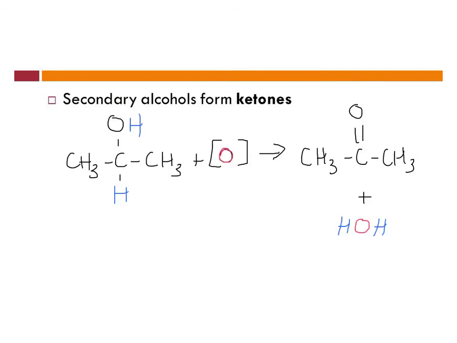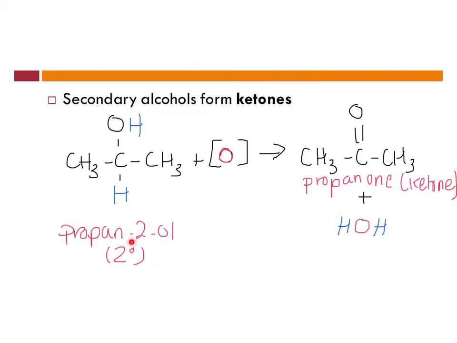The controlled oxidation of secondary alcohols, where the carbon that the hydroxyl group is attached to is attached to 2 other carbons, is very similar to that of primary alcohols. But instead of forming aldehydes, secondary alcohols lead to ketones.